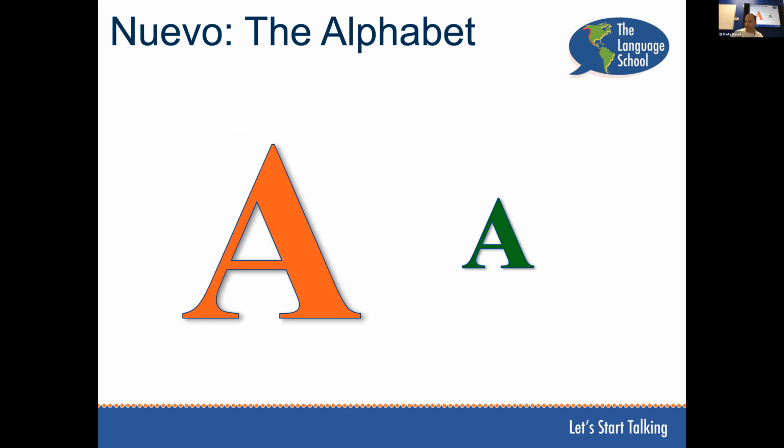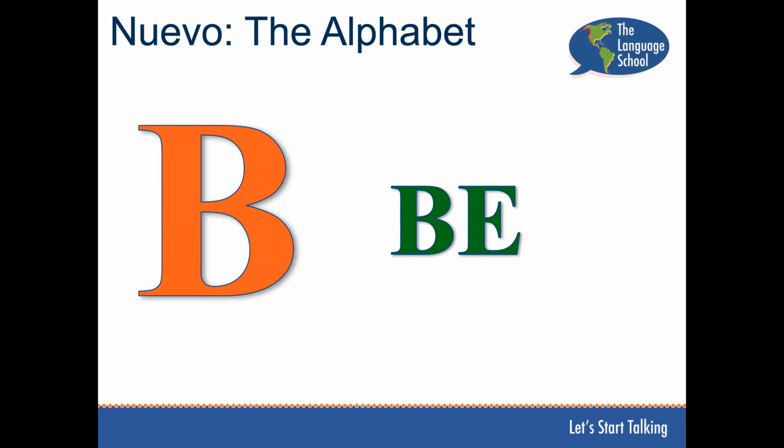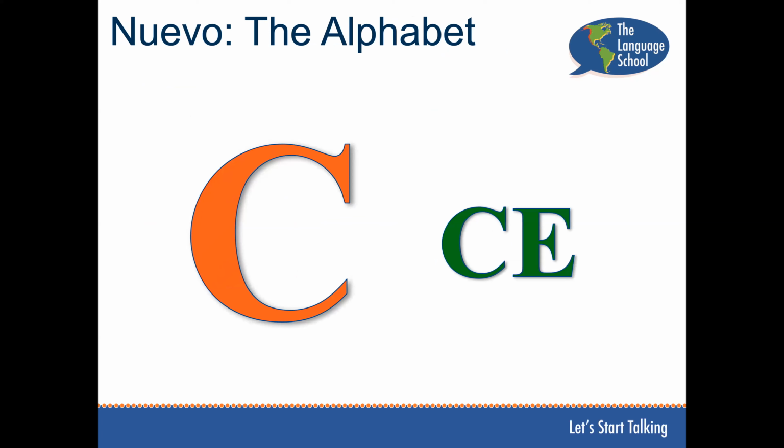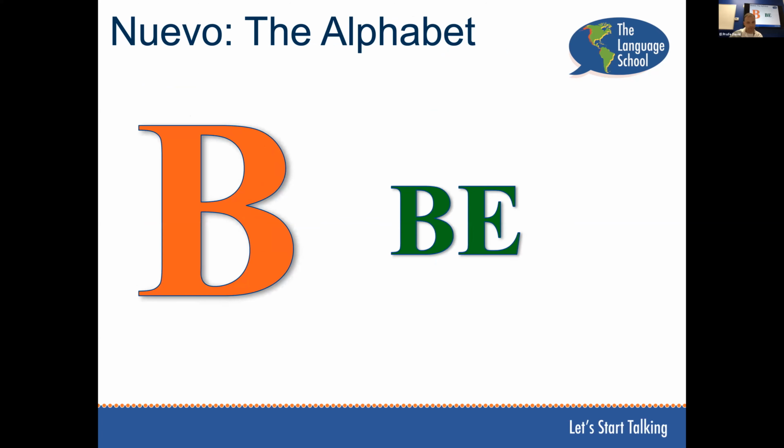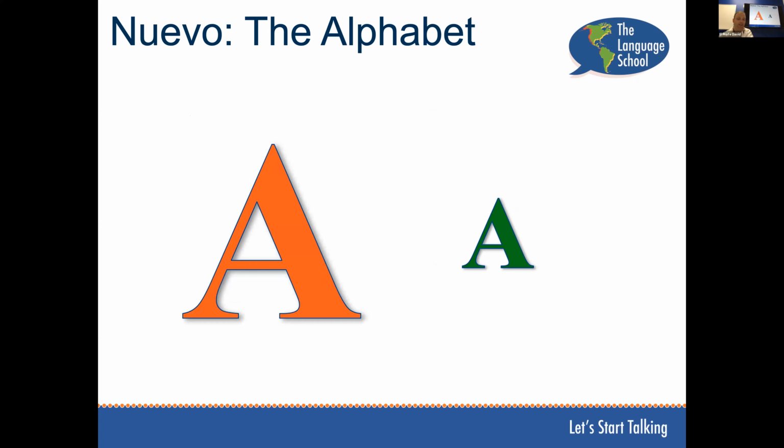Let's see here. So let's just jump right into the alphabet. Repiten. A. E. B. Sorry, I was stuck on the vowels. Let's start over again.